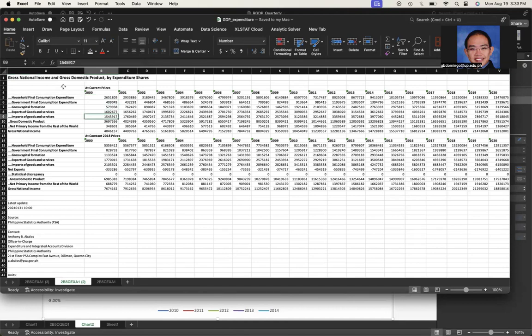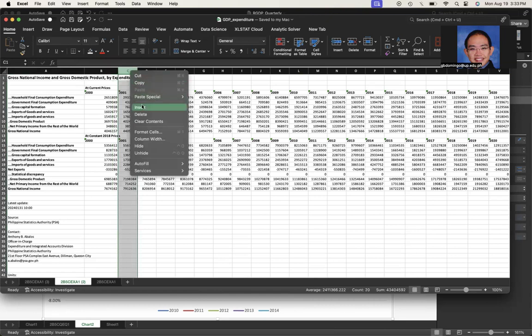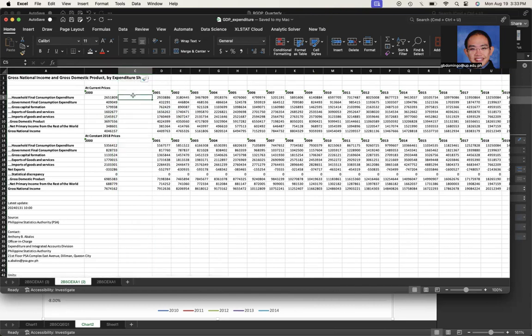So you could prove it to yourself, right, by checking this one. I am using the current prices, although you can use constant prices as well. So all you need to do is check if this is in fact real GDP.